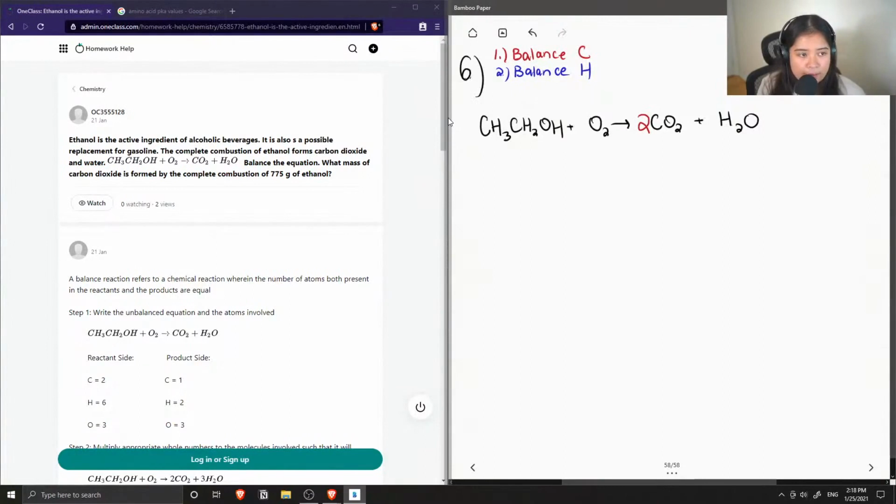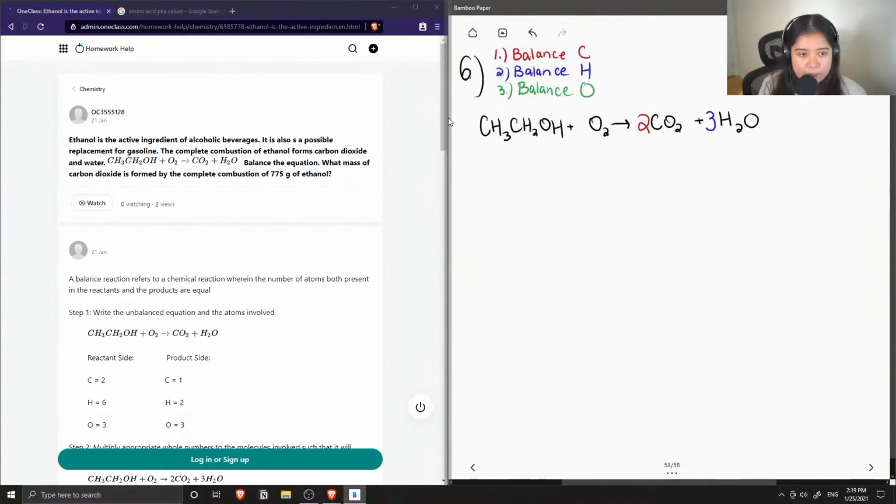So we have 3, 4, 5, 6 hydrogens on our reactant side and only 2 on our product side. So we just need to put a coefficient of 3 in front of H2O. Now that both my carbons and hydrogens are balanced, we can finally balance oxygen.